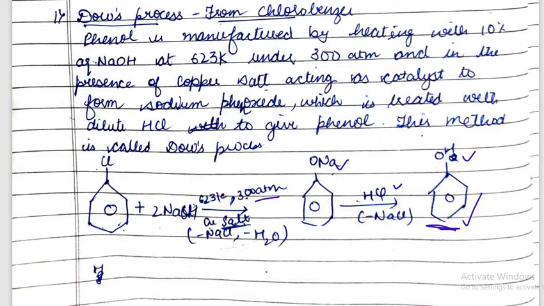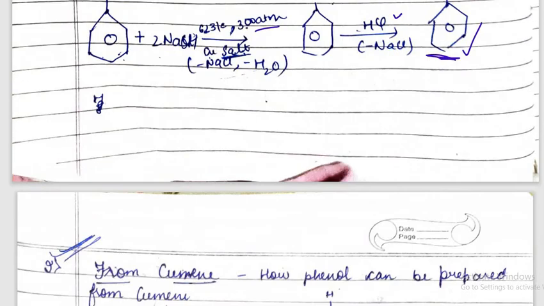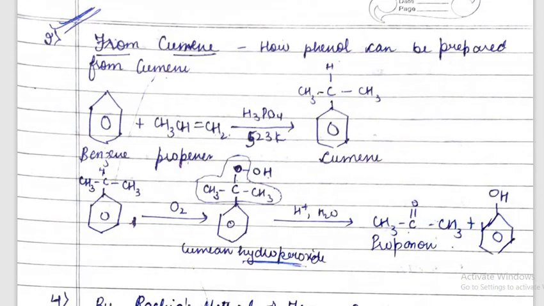Similarly, we can also prepare phenol from cumene. Cumene first can be prepared from benzene and propene.